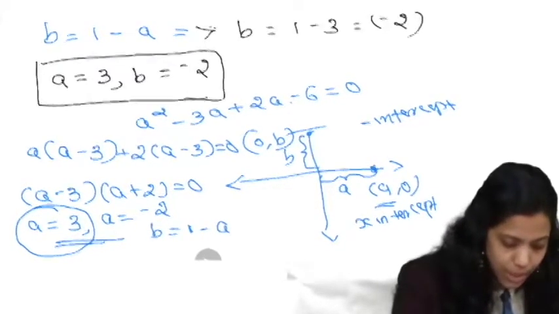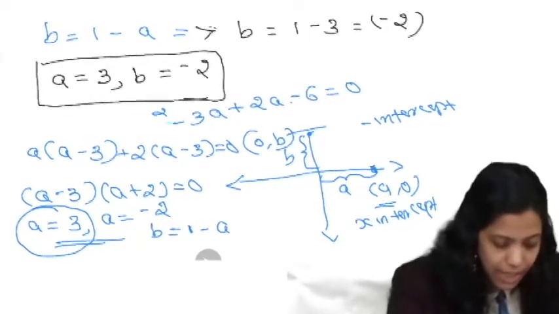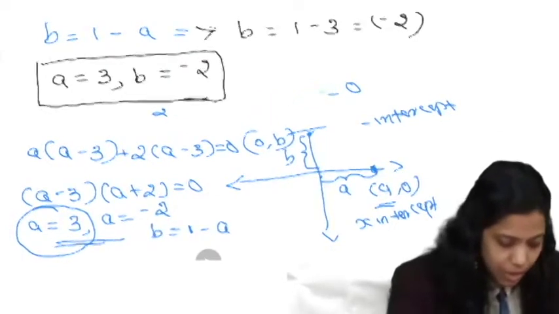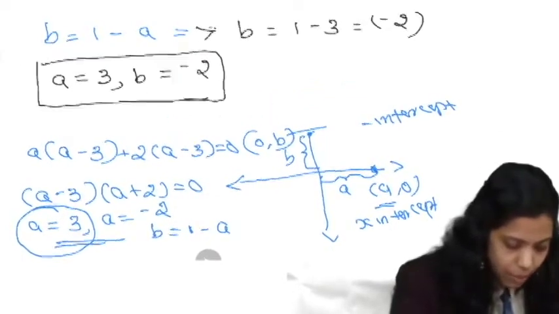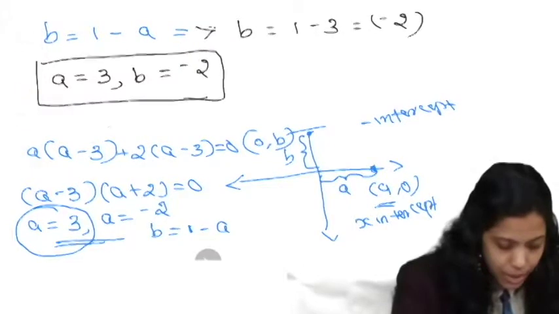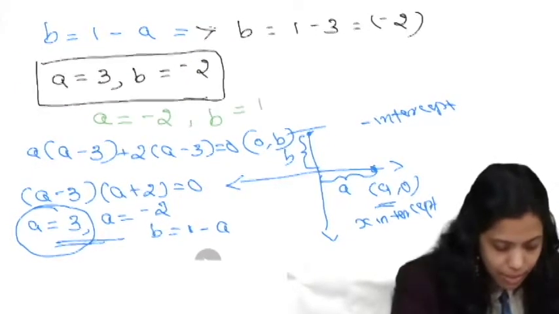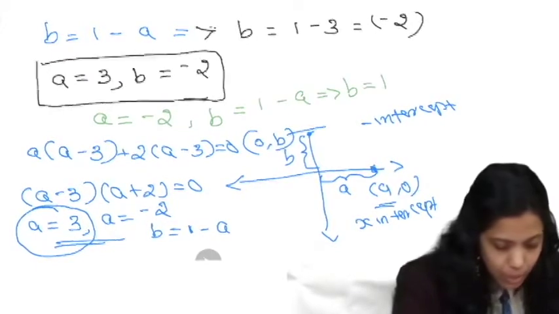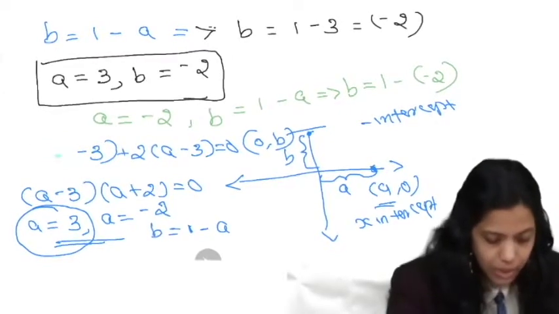Let's move on to the next one. When the value of a is negative 2, b equals 1 minus a. That means we are getting b equals 1 minus (minus 2), which gets you 1 plus 2, equals 3.